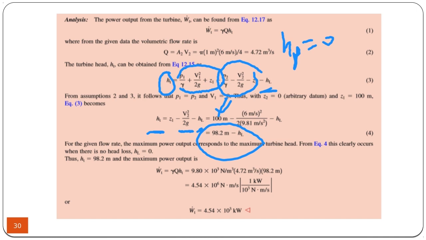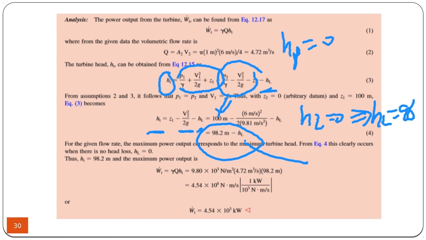It means that if the loss is 0, there is no loss, then the turbine head will be directly 98, but the loss uses some of the available turbine power.